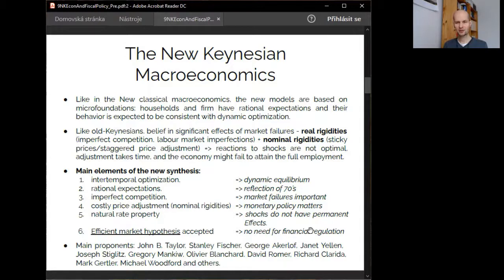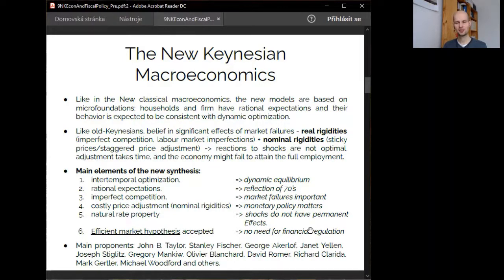And the final element which needs to be highlighted is the so-called efficient market hypothesis. The efficient market hypothesis has been developed gradually, especially in the 1960s, and it, which I will describe in this video a bit later, implies that there is no need and no room for financial regulation, because financial markets in particular are able to achieve optimal allocation.